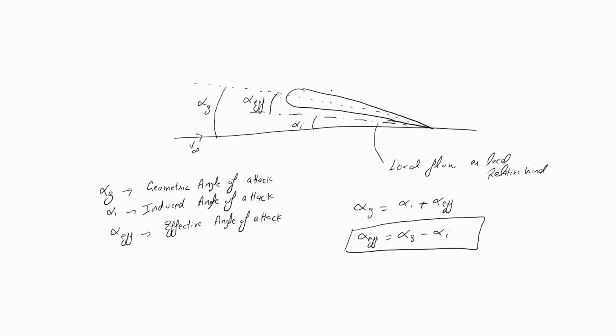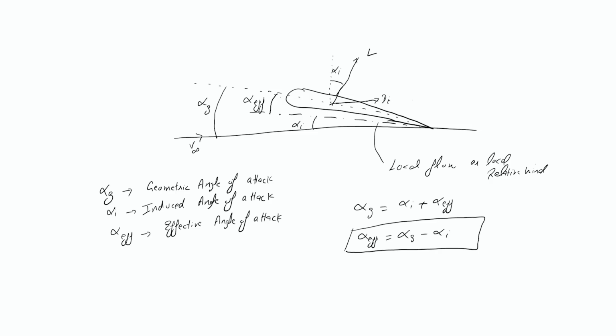And here we have the lift component. Please note that this lift component is no longer perpendicular to the V infinity. This L is now perpendicular to this local relative wind, inclined by alpha I. And this is the DI, the induced drag.